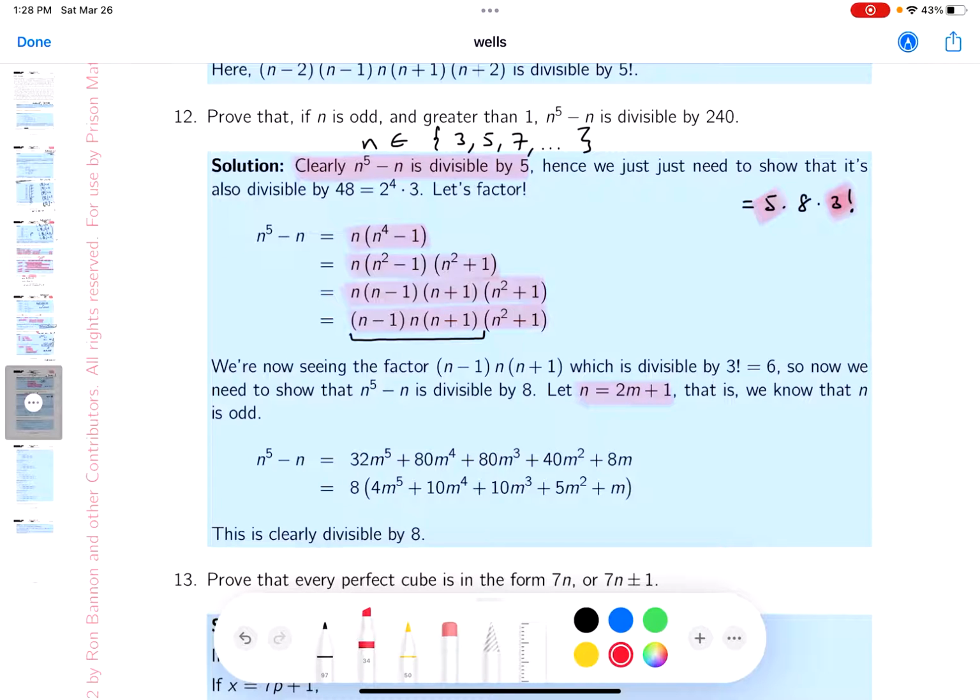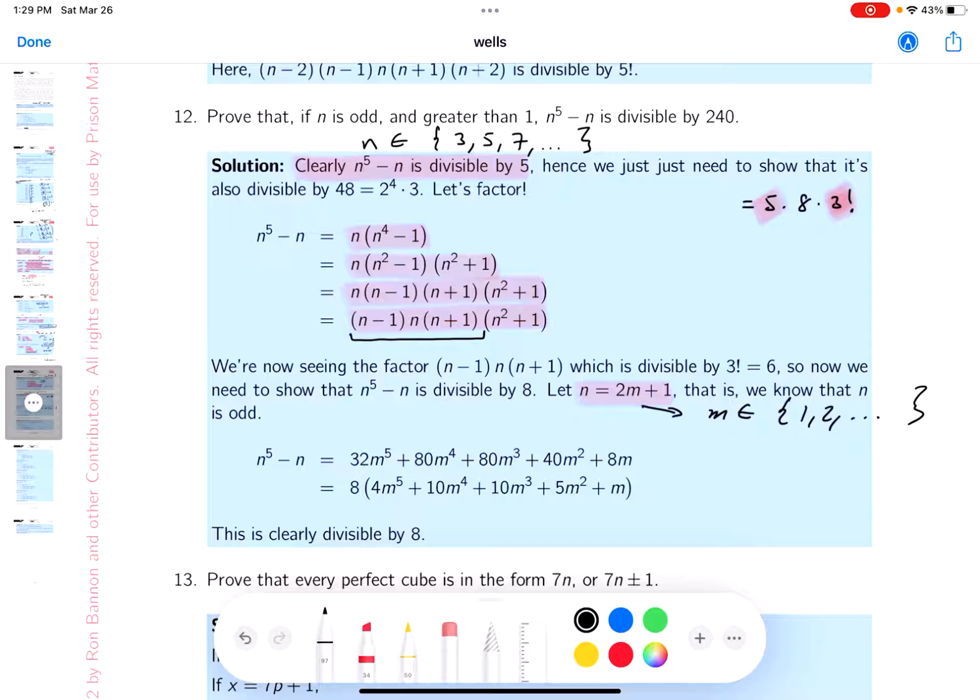I'm going to say that n, which is an odd integer, could be represented by 2m plus 1, with the fact that m starts at 1. So let me write that down. In this case, m would have to be from this set over here: 1, 2, and so on. If it's 1, what do you get? 3. If it's 2, you'd get 5. 3, you get 7, and so forth.